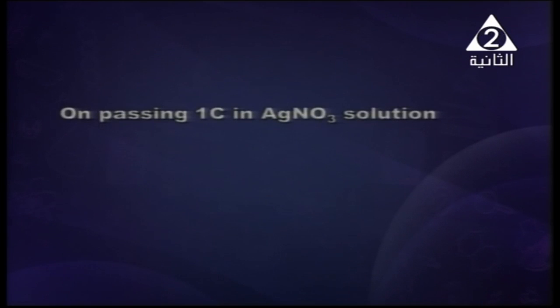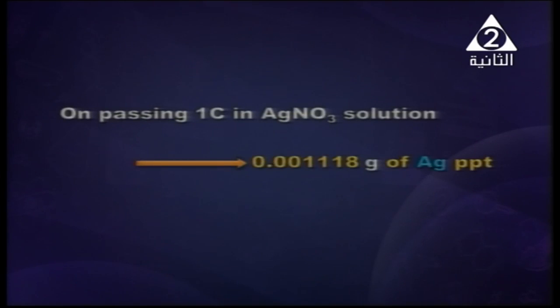So, on passing 1 coulomb in AgNO3 solution, 0.00118 gram of Ag is precipitated.